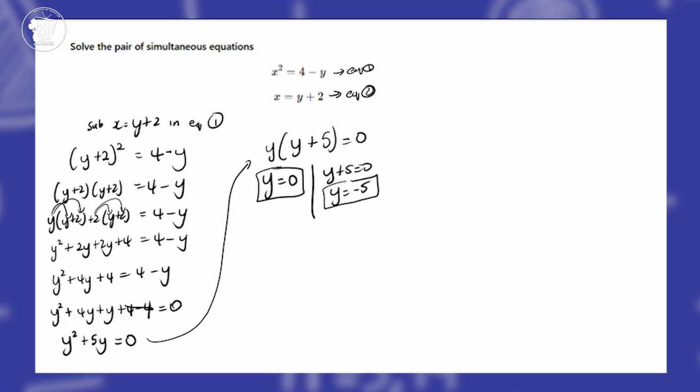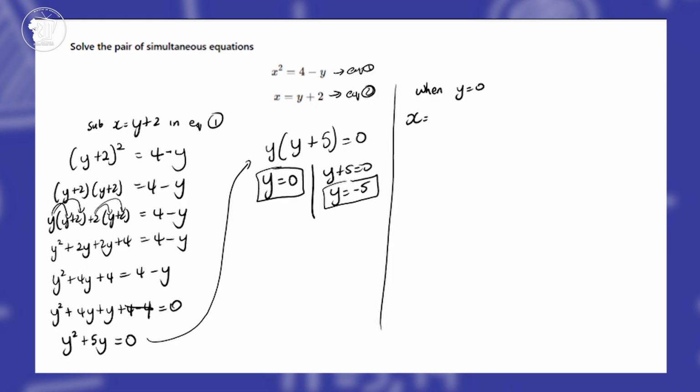Since we have our two values for y, now we can use these to find the corresponding values for x. So first of all, let me draw down a line here. When y is equal to 0, x will be equal to... we can use either equation 1 or equation 2, but since x is already the subject and this is easier to use, we'll use equation 2.